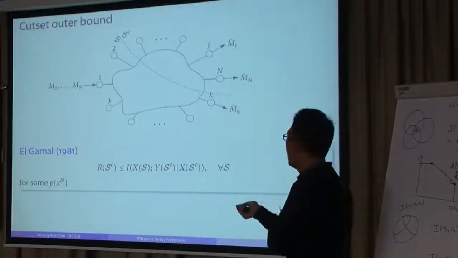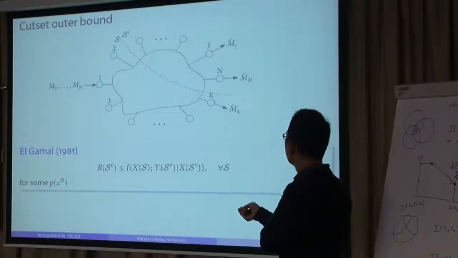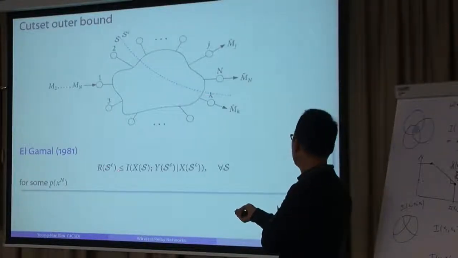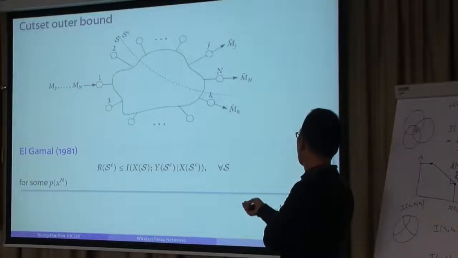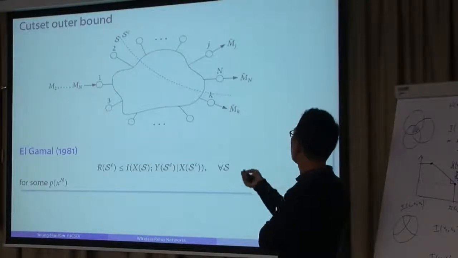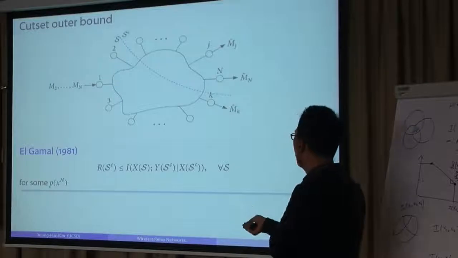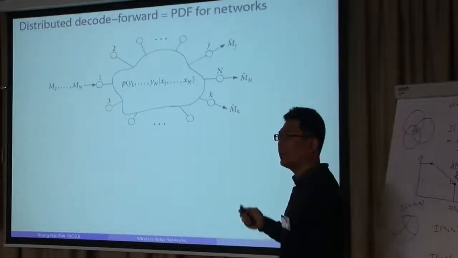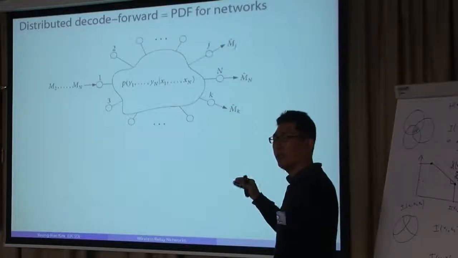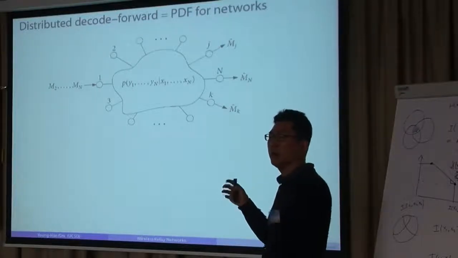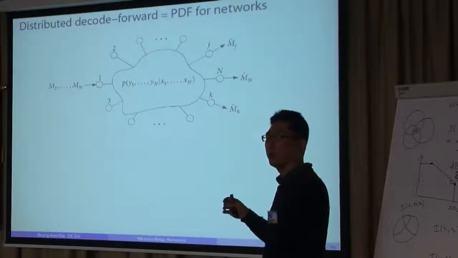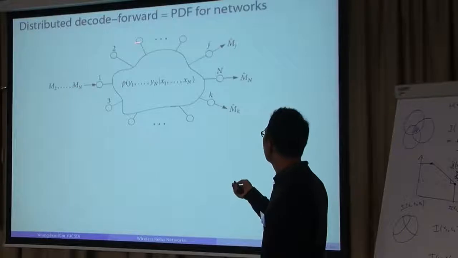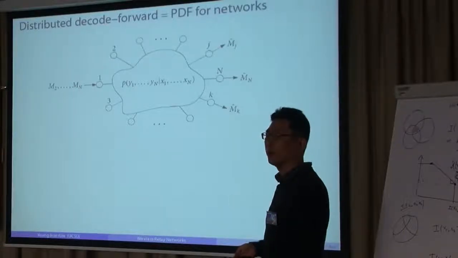And we'd like to look at the sum rate for the receivers in the S complement side, and it is again upper bounded by the mutual information between the input zone S and the output zone S complement over all possible input distributions. So that is our performance benchmark. And for this one, now we are going to use partial decode-forward and try to extend this to the network. And the way we do it is the so-called distributed decode-forward.